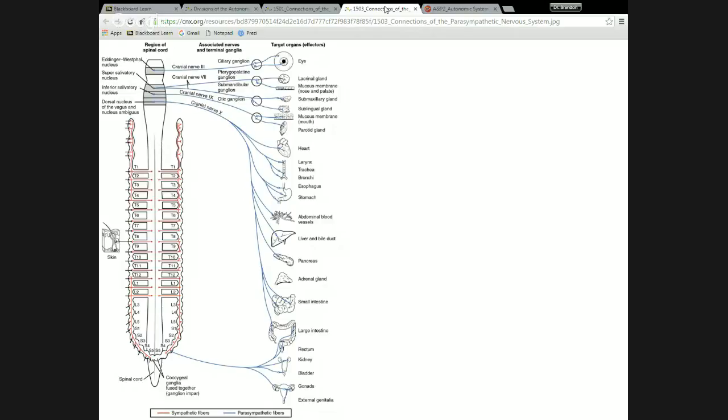But then when we get down to the thoracic and abdominopelvic cavities, for the most part, the ganglion is actually just nervous tissue incorporated into the wall of the actual organ. The best example of that is in the digestive system.